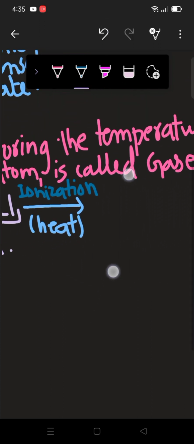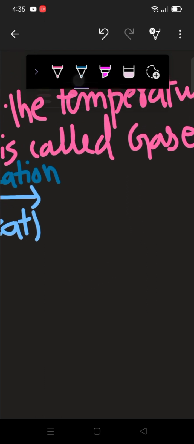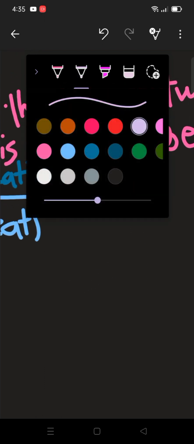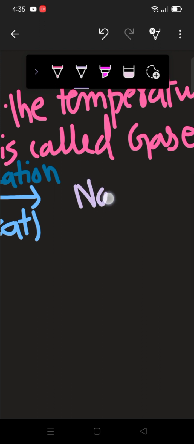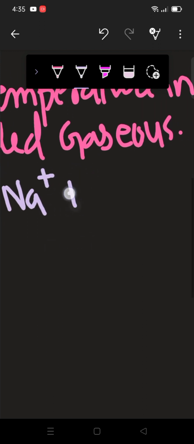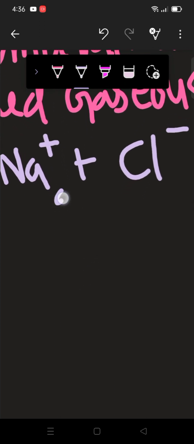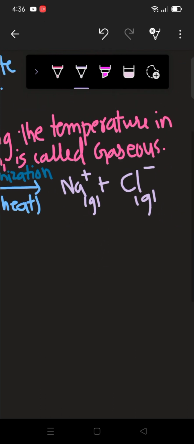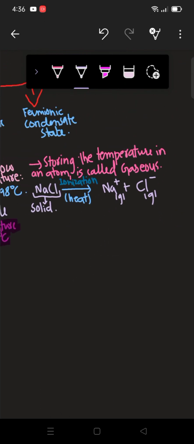After providing heat, we know that the ions are made, Na positive and Cl negative. But here we need to write this G as well. This G is basically representing that both are in the gaseous form. Now what does this gaseous mean?